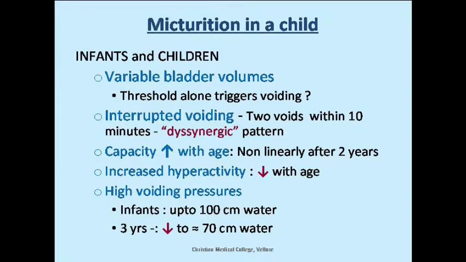It may be just a movement, and he goes back to sleep again. It appears as if it is volume triggered, or the threshold of a particular volume, but that is probably not true. The exact weight and the variations, which are so much in children, need to be kept in mind, especially when we are interpreting the results of pediatric urodynamics. Then the other thing that happens is the capacity.